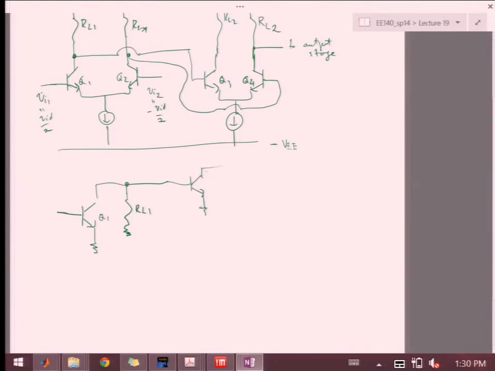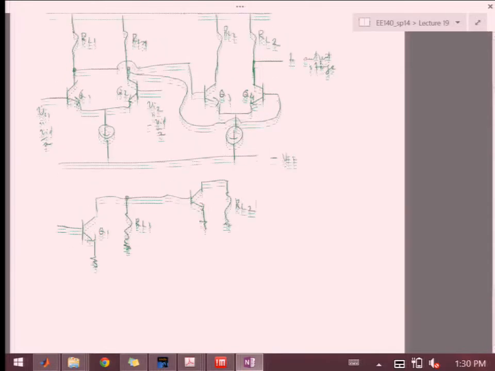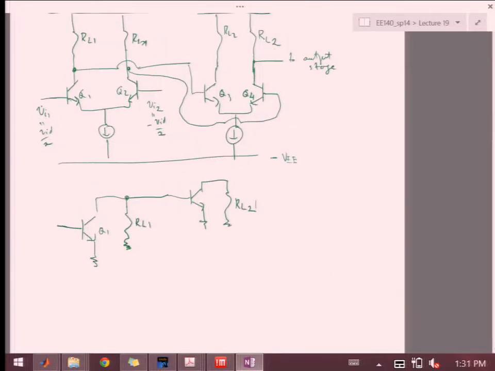This is also grounded, and there's an RL2 over here, and this is the output. The same thing is for Q2 and Q4, so I'll draw those two rather than the other two. But the half circuit is exactly the same.